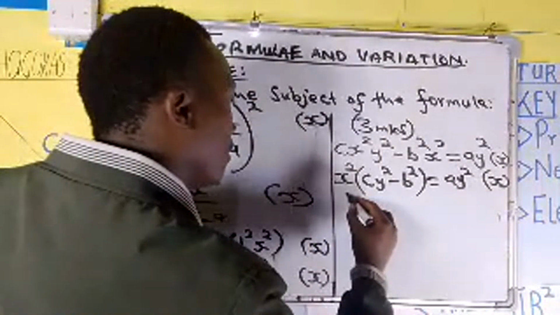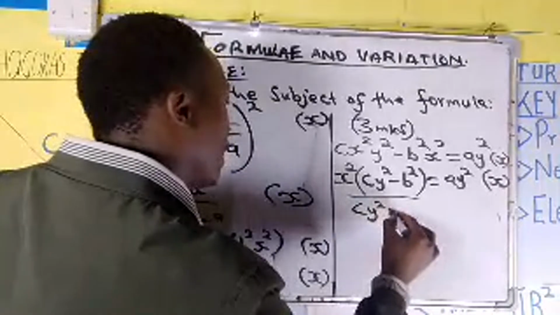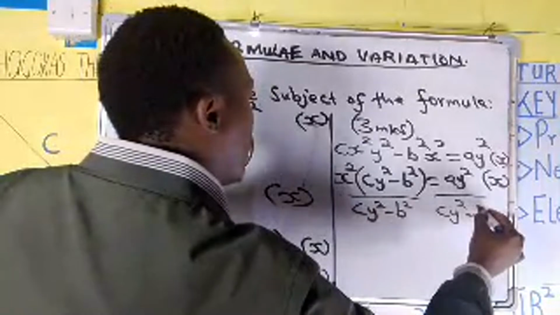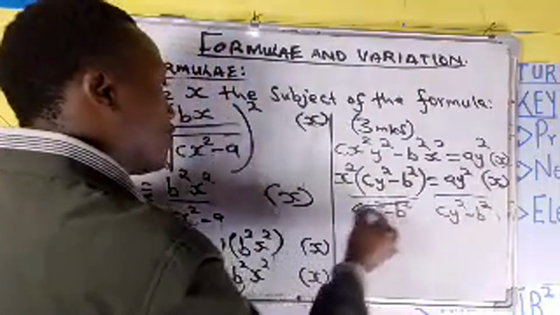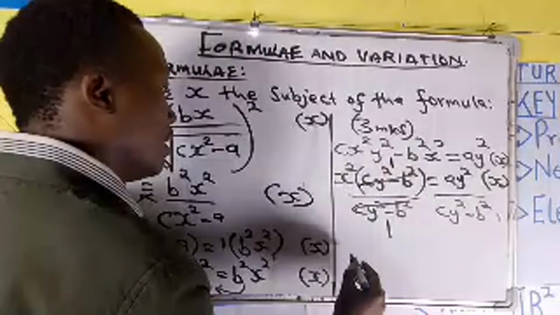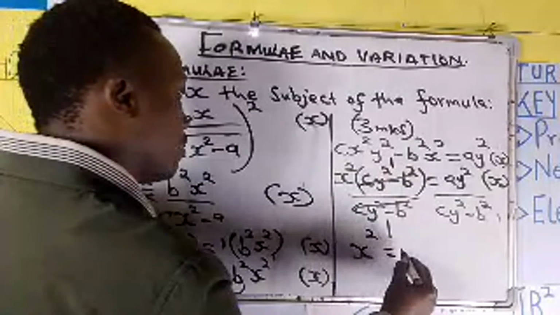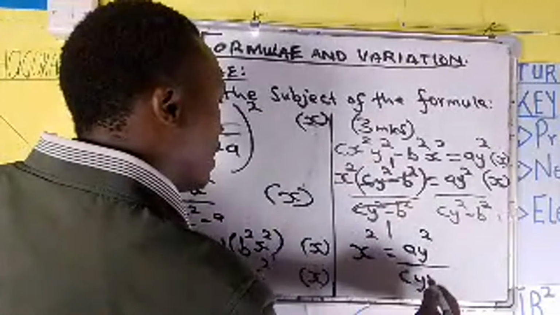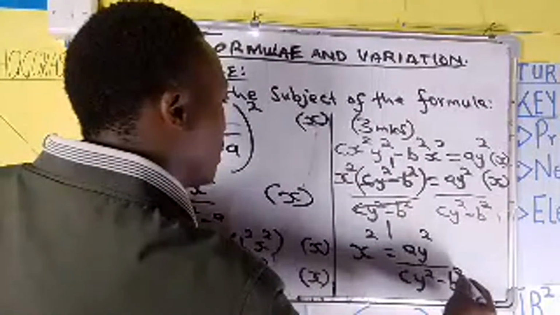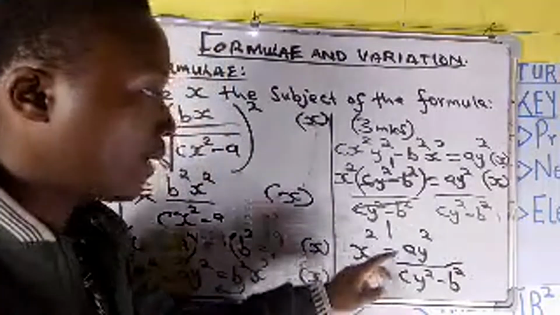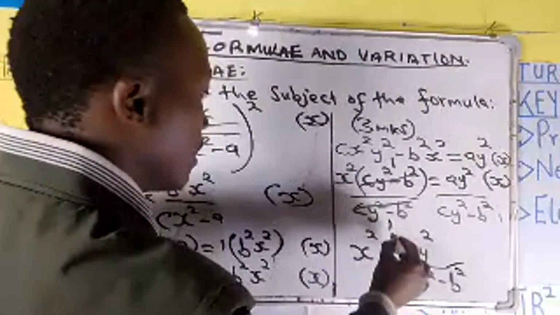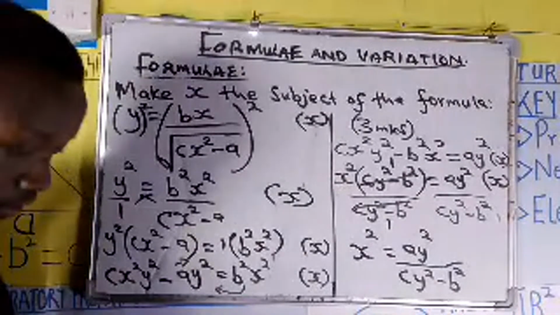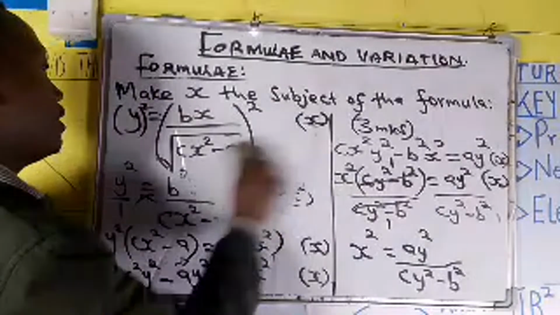So now we can divide both sides with cy squared minus b squared, na hii side pia cy squared minus b squared. So we will cancel that with that, na tutakuwa na x squared is equals to ay squared over cy squared minus b squared. I want you to understand that this is x squared.